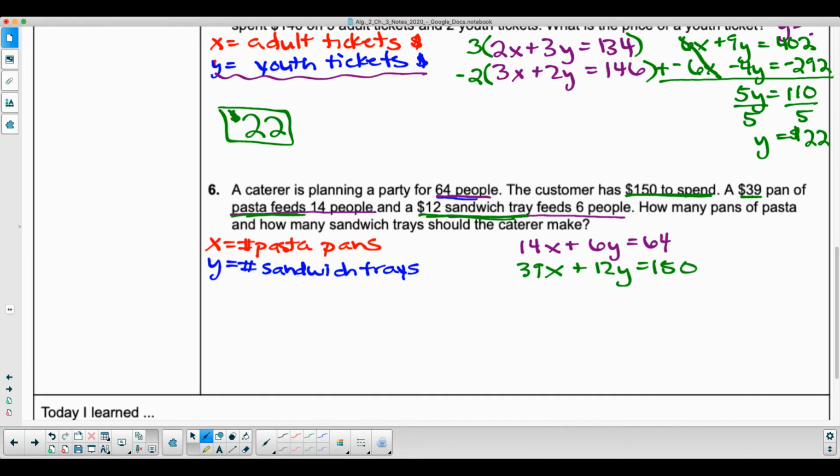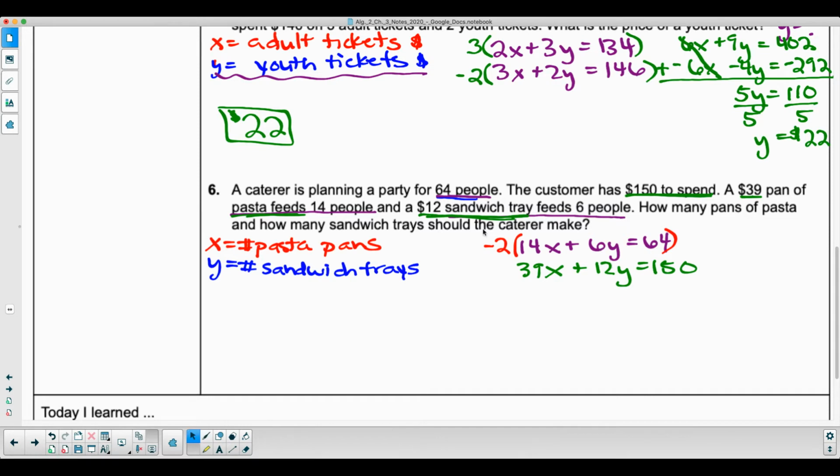All right, so from there, we have to figure out what we want to eliminate. They're asking for both variables, how many pans of pasta and how many sandwich trays, so it doesn't matter which one we solve for first in this case. Let's look here. 14 and 39 are not going to have a very easy common multiple, but 6 and 12 will. We can take 6, multiply it by -2, and that will get us the -12y we need to eliminate that variable.